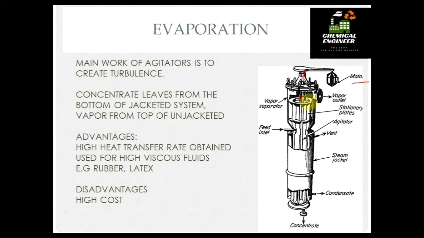Jacketed means the part in which steam is used to heat, and the unjacketed part is the one in which we have no steam but we have agitation. The concentrate leaves from the bottom of the jacketed part, and this part is the jacketed part, where steam heats in the steam jacket.